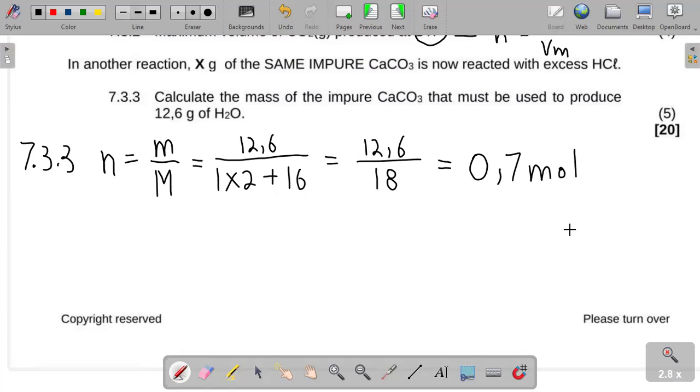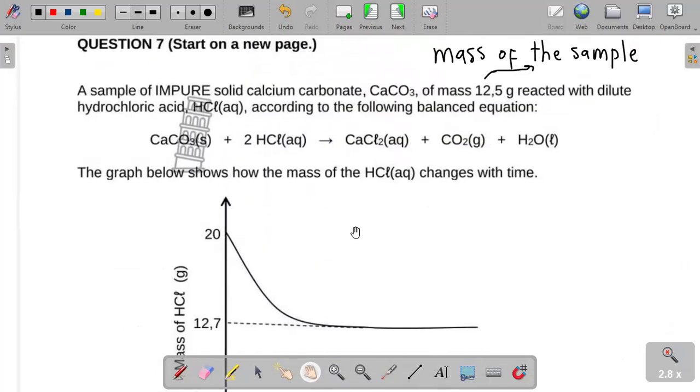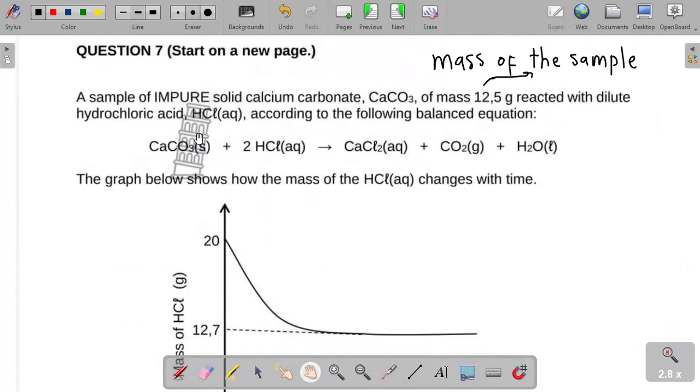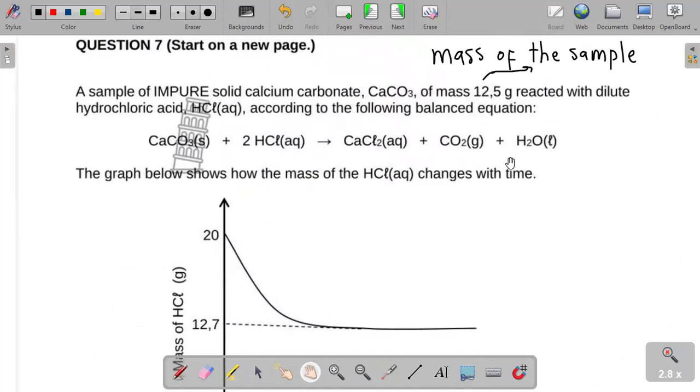So now we have to compare calcium carbonate and H2O. We go to the balanced equation. For calcium carbonate and H2O, the ratio is 1:1. There is a 1 here and a 1 here, so they will have the same number of moles.